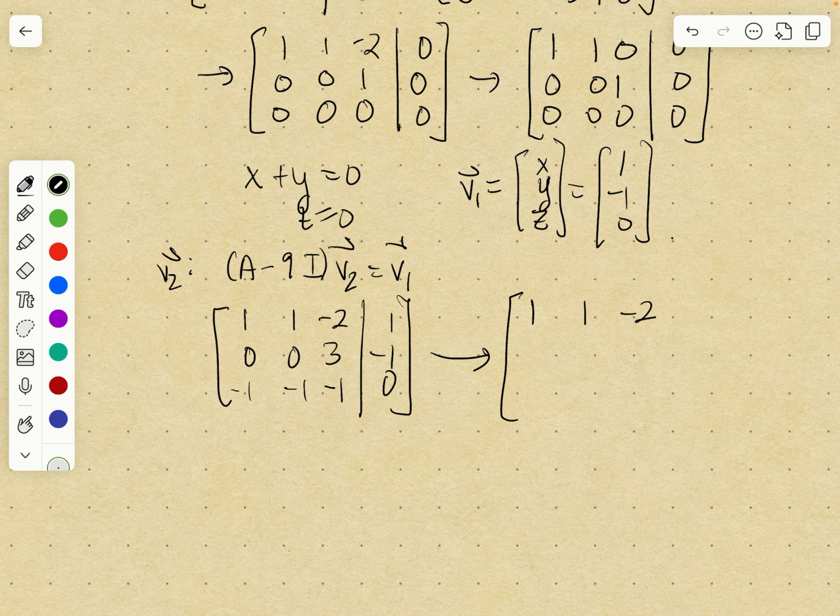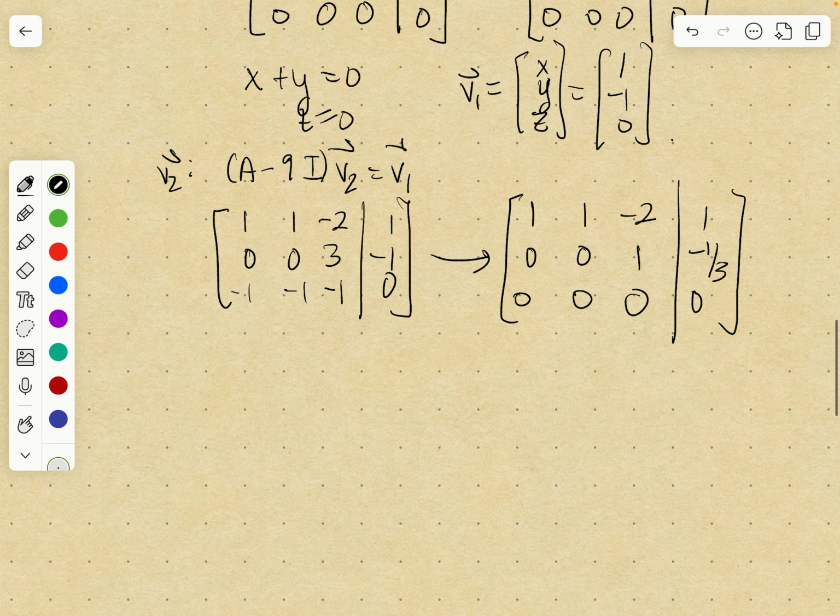If you calculate the row echelon form, you're going to get this. And so you solve x plus y minus 2z is 1, z is equal to negative 1/3.